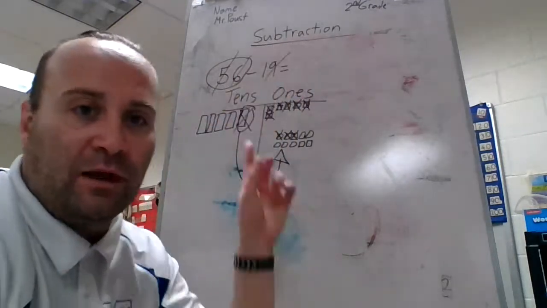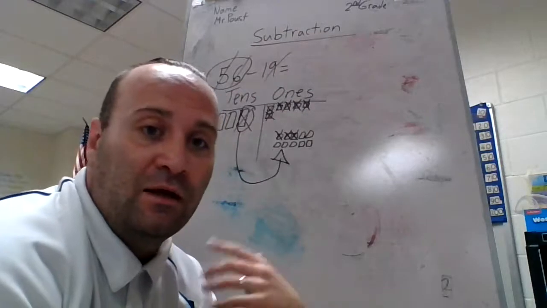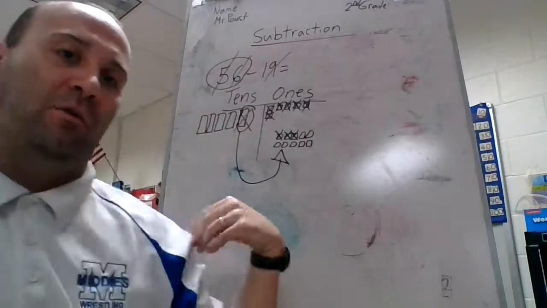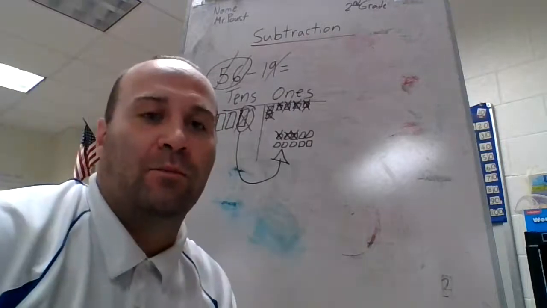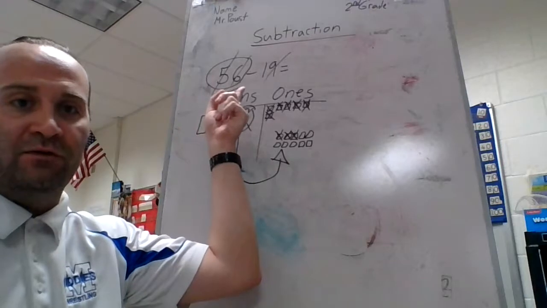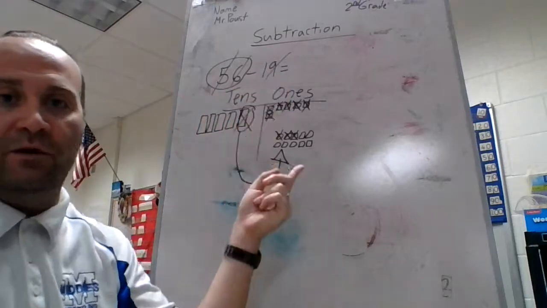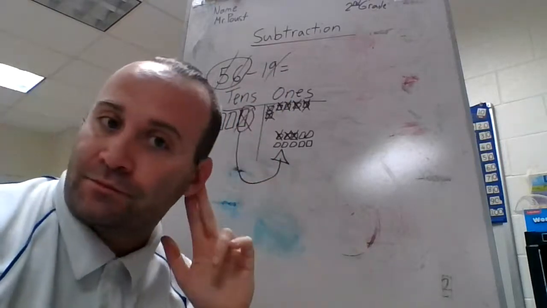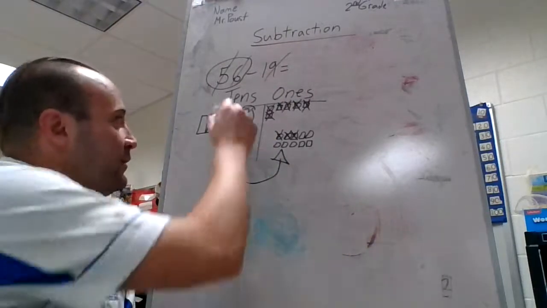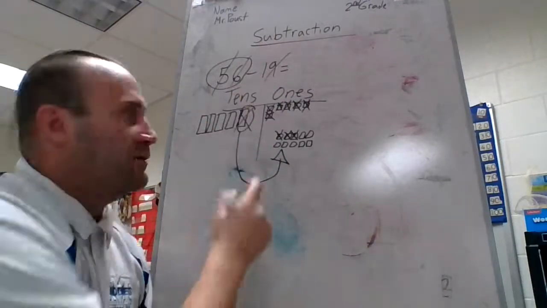And again, the reason we want to keep crossing out these numbers is it's easier on your mind to look back. If you get distracted or maybe use the bathroom or something comes up and you're like, where was I? I can look up here and say, okay, I decomposed 56. I subtracted 9 ones. So what's my next step? Exactly. Subtract 1 ten. So I'm going to take away this 10, because again, I want to keep everything together.